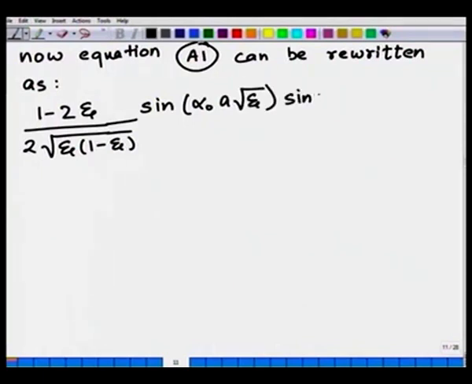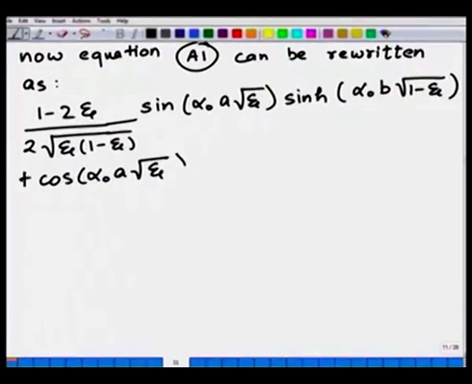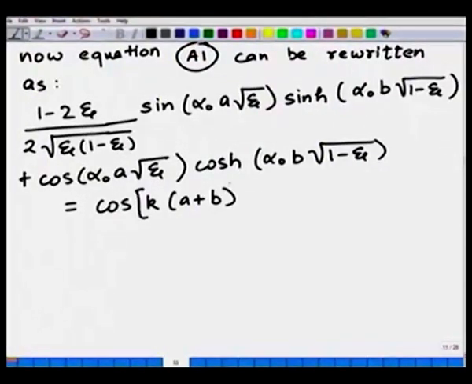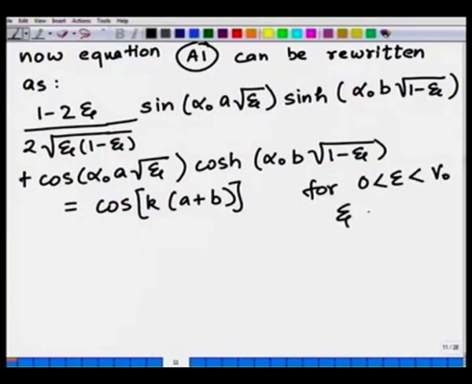And sinh, now, alpha naught b square root of 1 minus zeta, plus cos of alpha naught a square root of zeta times cosh of alpha naught b square root of 1 minus zeta, and that should be equal to cosine of k times a plus b, for the condition when energy is less than V0, that means zeta is less than 1.